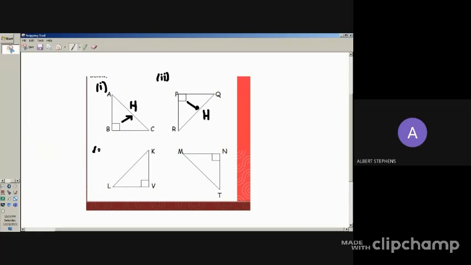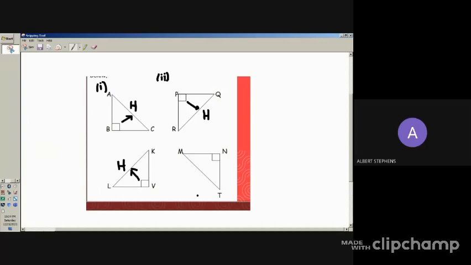Third example. Oops, excuse my handwriting. But the third one, the hypotenuse, can you guess? Yes, correct. It's LK. Very good. And the last one to the bottom right.